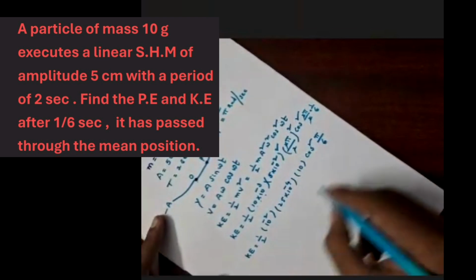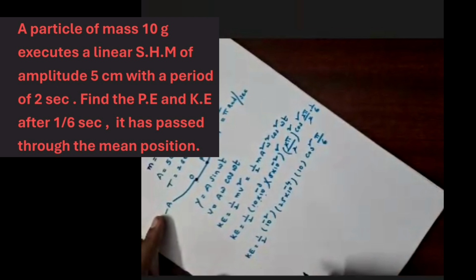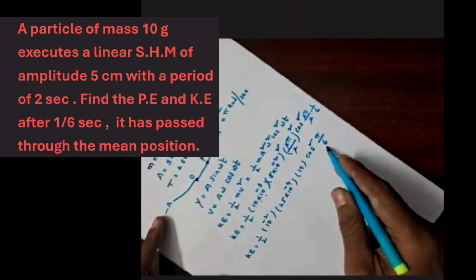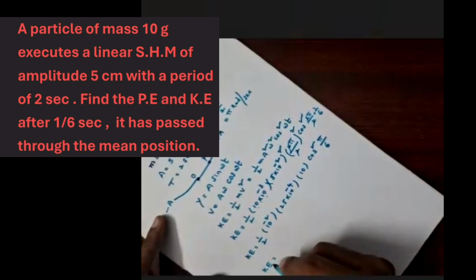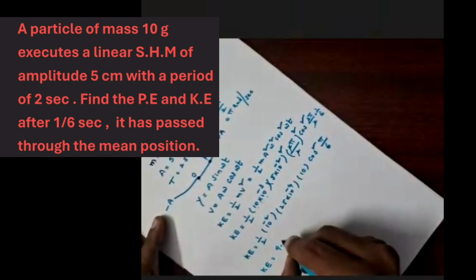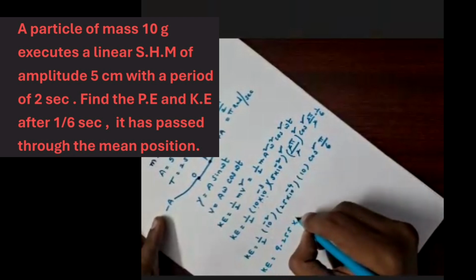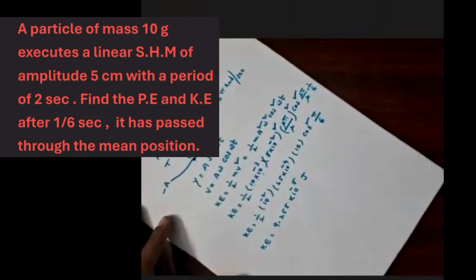After taking the calculation of all these, you get cos pi by 6, cos 30. Cos 30 is equal to root 3 by 2, root 3 by 2 whole square. Then you will get the value 9.255 into 10 power minus 5 joules. This is the kinetic energy of that particle after 1/6 seconds.